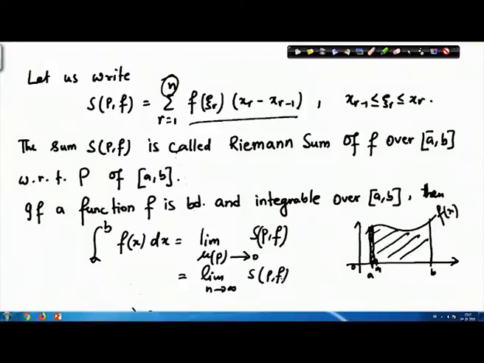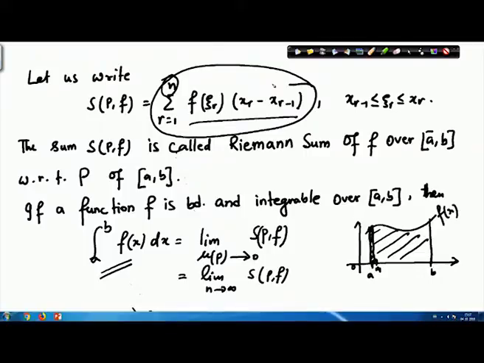And that is what we mean by the integral on the right hand side. So, if you let n go to infinity in this Riemann sum, then that will give you the definite integral of the function f between a and b. This is the vital point which we wanted to make, how the Riemann sum is related to the definite integral.